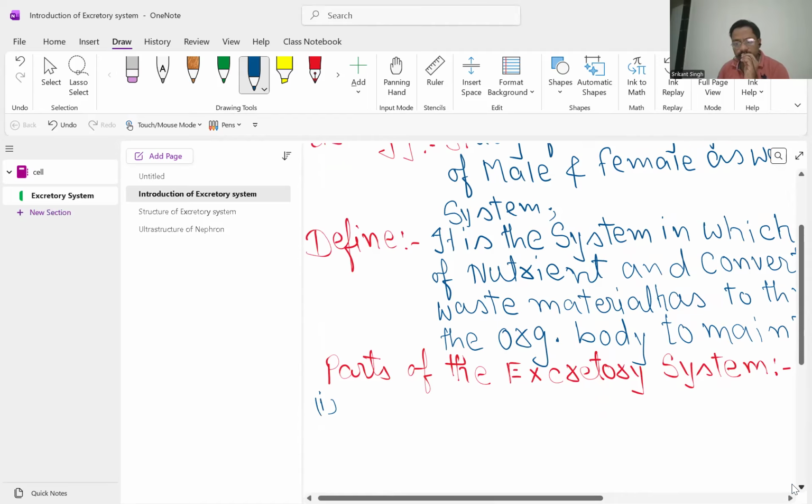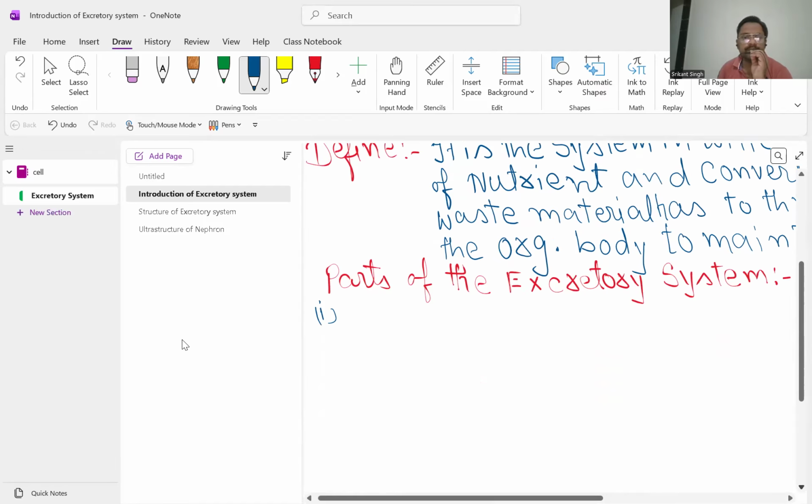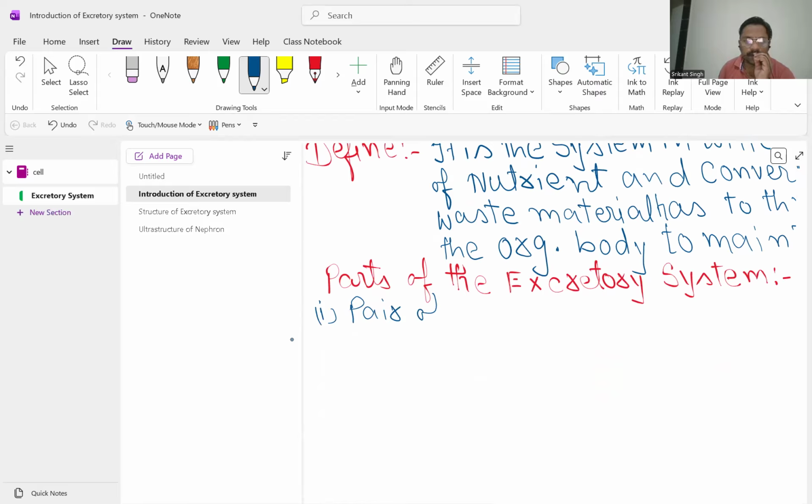First, a pair of kidneys. Second, a pair of ureters, which conduct the filtrate urine.